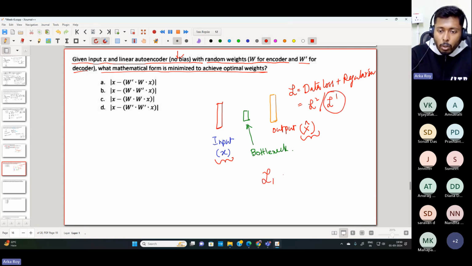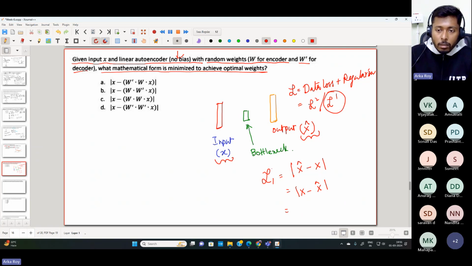So the absolute loss could be X hat minus X, or you can write X minus X hat, because they will give you the same result since you are taking the absolute value. Whatever component you take first, put it at the first position, it doesn't matter actually. Okay.